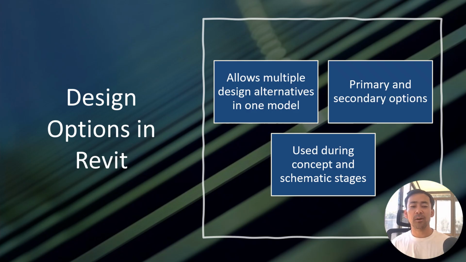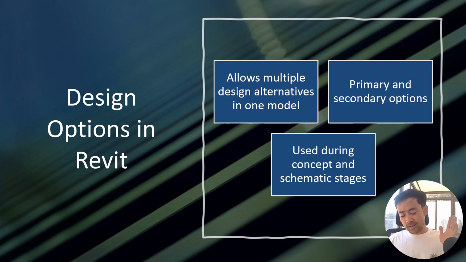Next, let's talk about design options. In Revit, we talked about the project phases. Design options are also a very powerful tool in order to communicate different design alternatives for different parts of the building. For example, if you have an entry of a hospital, you have to design multiple ways for the entry.